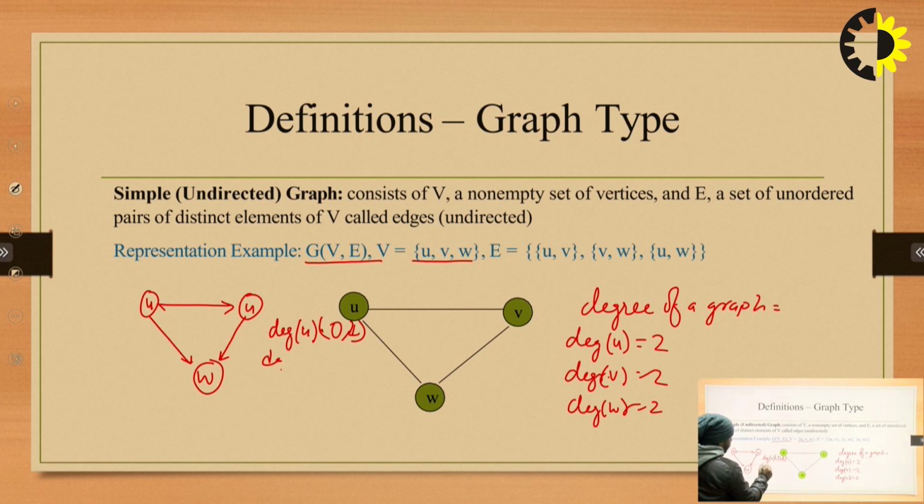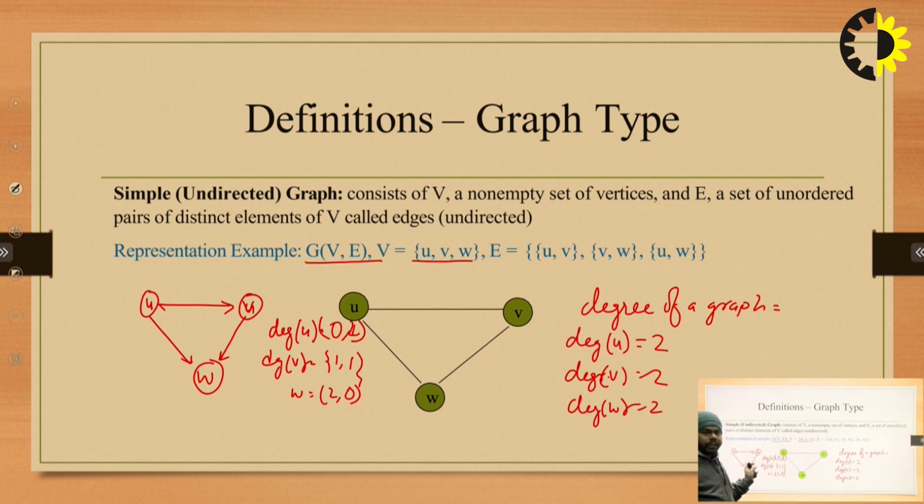For v, in degree is 1 and out degree is also 1, and for w, in degree is 2 and out degree is 0.